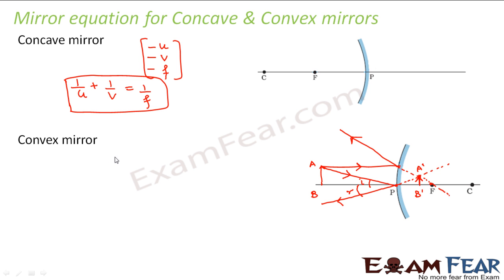Right? So now let us look at what happens in the case of a convex mirror. If you look at the previous slide, there was an equation which was obtained, which was named A. In equation A, we said that PB dash minus PF divided by PF is equal to PB dash by PB.